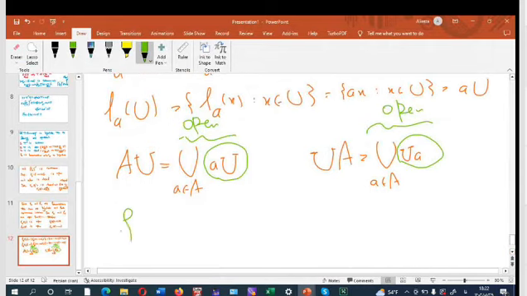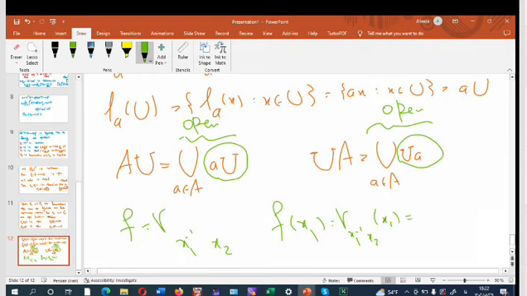If we consider F equal to L X1 inverse X2, then F of X1 equal to L X1 inverse X2 of X1, and this is equal to X1 inverse X2, and we know that this is equal to the identity element, so that is equal to X2.